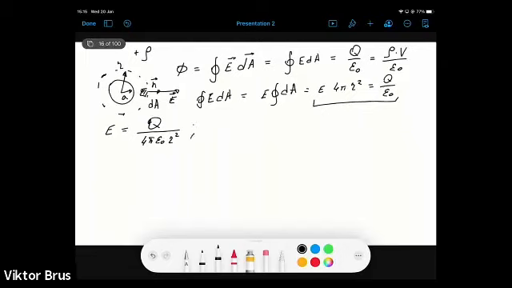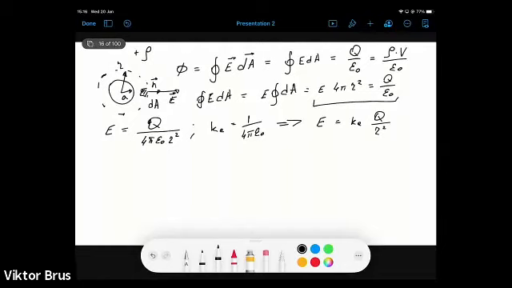We know that the Coulomb constant is equal to 1 over 4 pi epsilon 0, and that's why we end up with a final equation: the electric field at any arbitrary distance r from the center of this spherical charge with the radius a will be equal to Ke, the Coulomb constant, times Q capital divided by r squared.